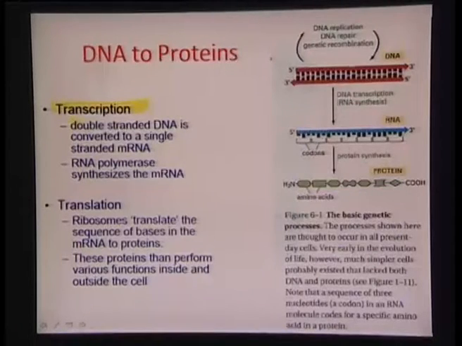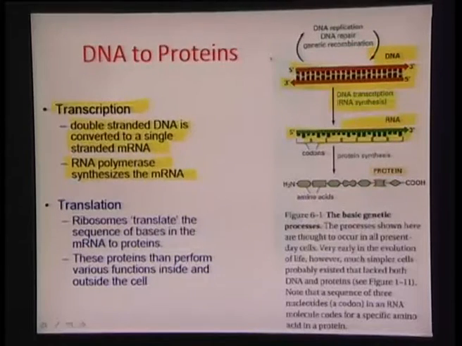transcription, where you can see this double stranded DNA getting converted into a single stranded RNA, right, and you use an enzyme for this conversion, known as the RNA polymerase. So it synthesizes the messenger RNA, okay, as shown in here.